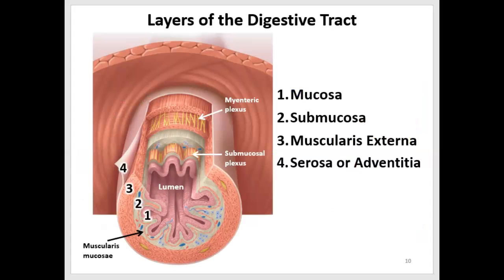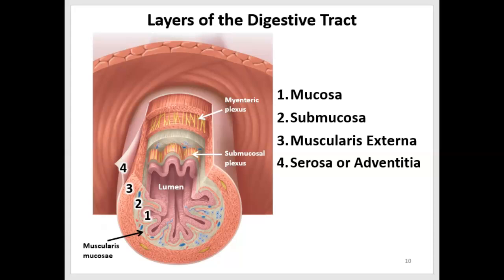Okay, our next topic is histology of the digestive tract, or the alimentary canal. All digestive organs within the alimentary canal have the same four basic layers.